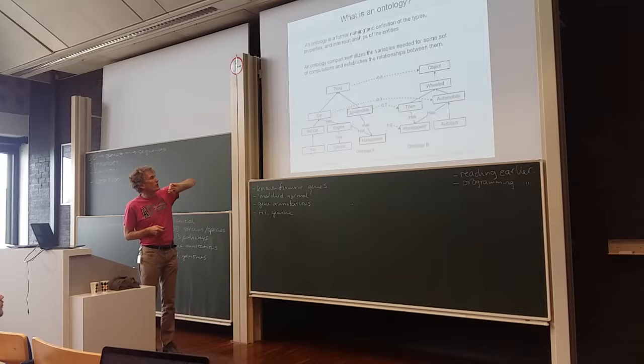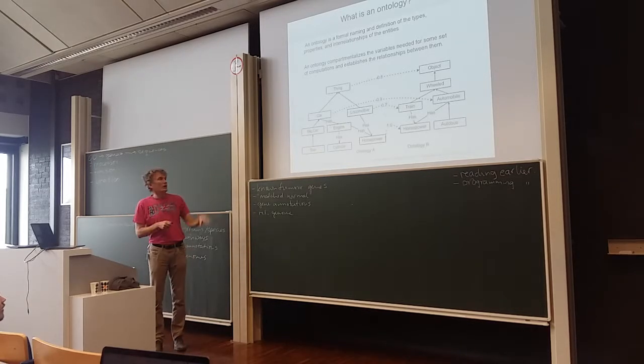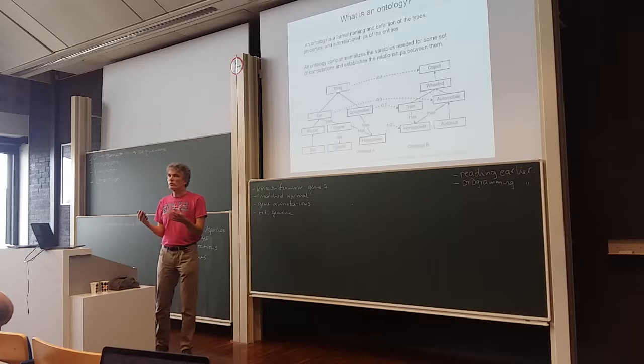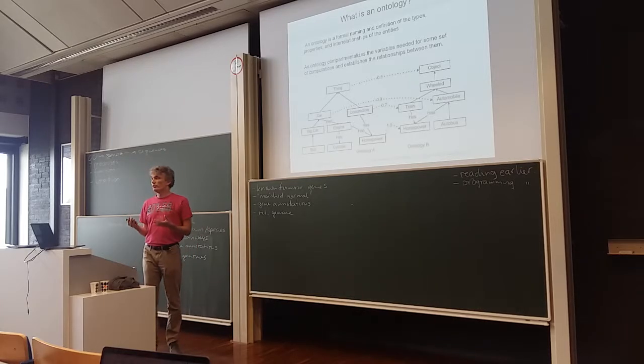But the structure comes in where you actually define in your dictionary that a locomotive is a type of thing, and a car is also a type of thing. And then you have a big car, which is a type of car, and you have an engine, which is part of the car. So there is, in addition to the terms, which have defined meanings, the relation between the terms. Okay?